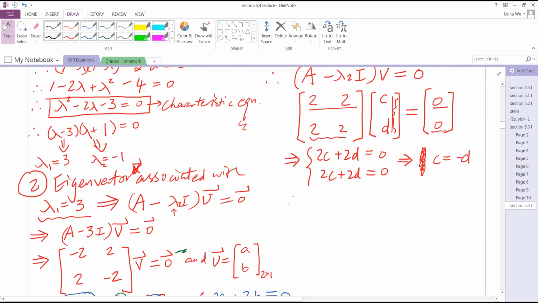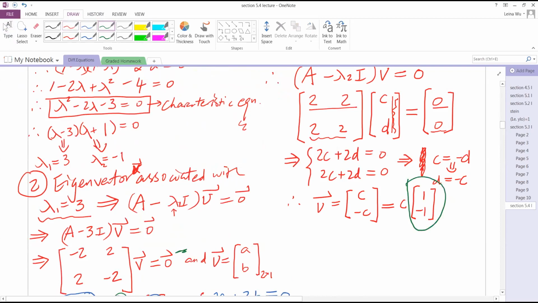So I can say the vector v in this case will just be c, d, where d would be -c. If you pull out the c, it will just be 1, -1 as the representative eigenvector.